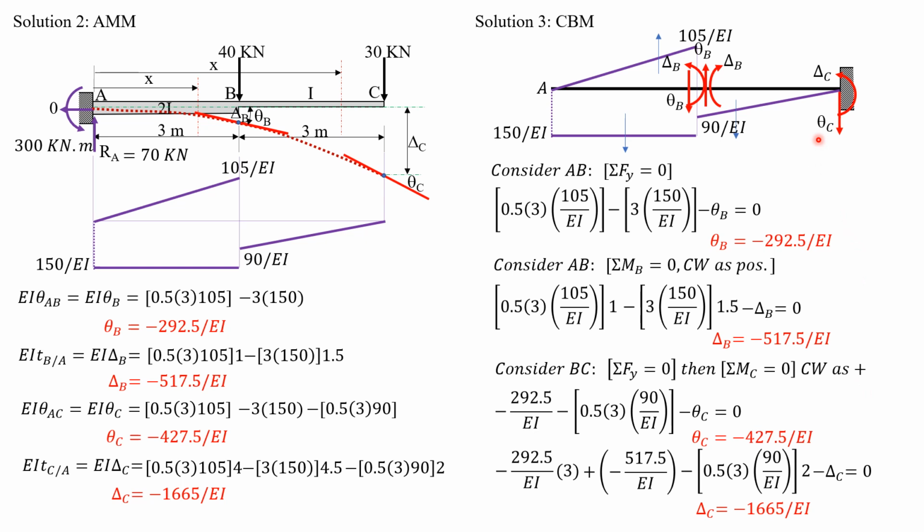That's it. Then we have minus delta C, because this is counterclockwise, we assume clockwise as positive, then equals 0. So solving for delta C, it is equal to negative 1665 over EI, just like before. So that's it, and this verifies that we solved the problem correctly because all the answers are the same correspondingly.